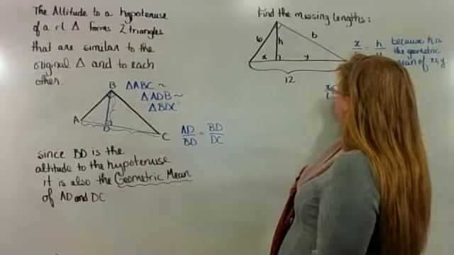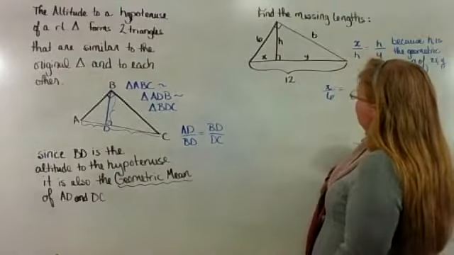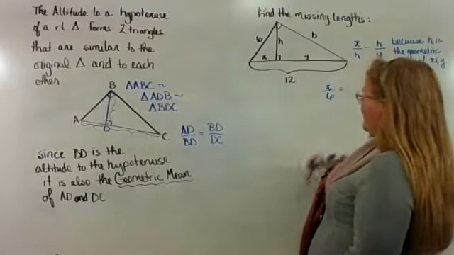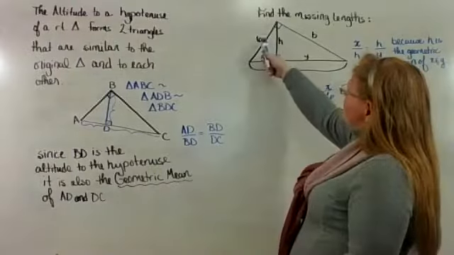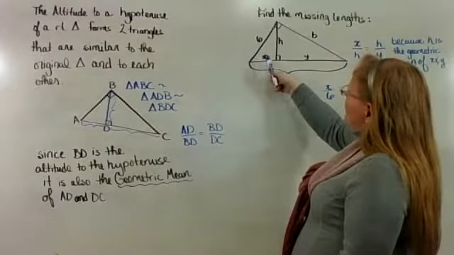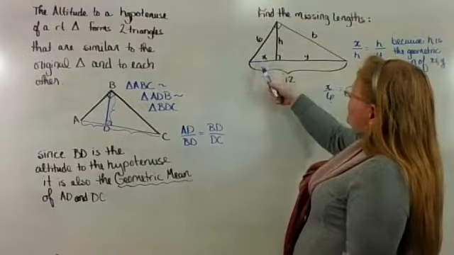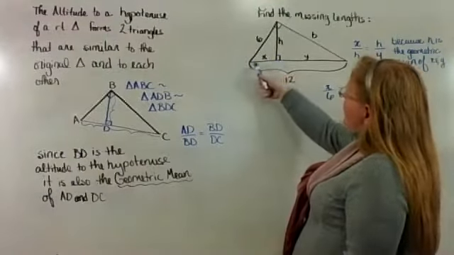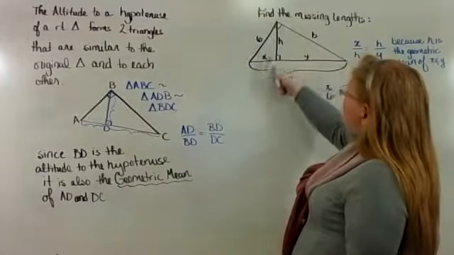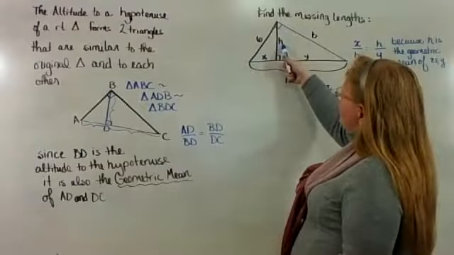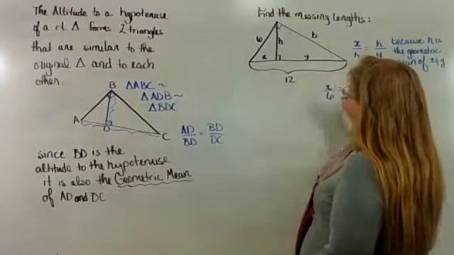x over 6 has to equal, and then I need to go over to some more corresponding sides. I did my shortest side out of this triangle and the great big triangle. My medium side in the little triangle is h, so I'm going to put my h.